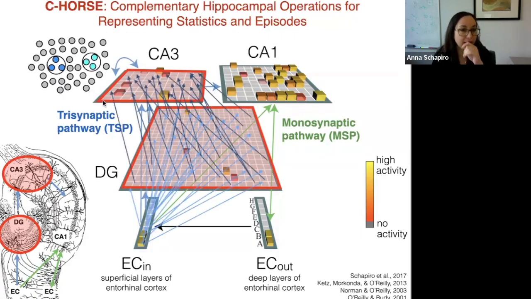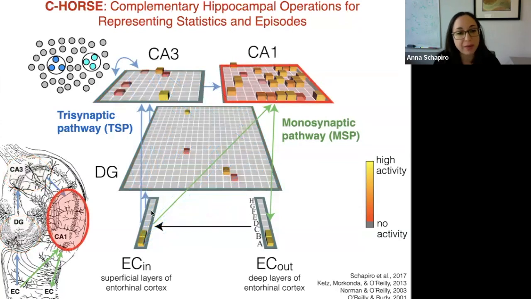And this is the pathway that is famous for this pattern separation function. There's very sparse connectivity into dentate gyrus that we think is crucial for that orthogonalization function. So you're taking very similar inputs in entorhinal cortex and projecting them to relatively distinct populations of neurons in dentate gyrus, and that's going to allow you to keep track of each of your individual episodic experiences.